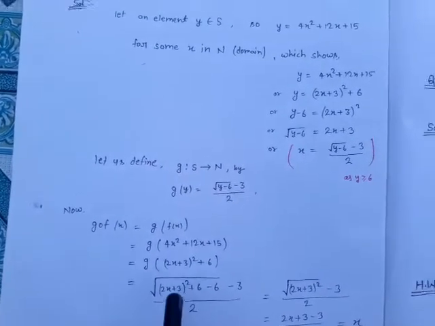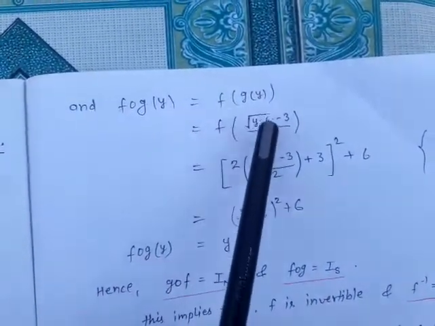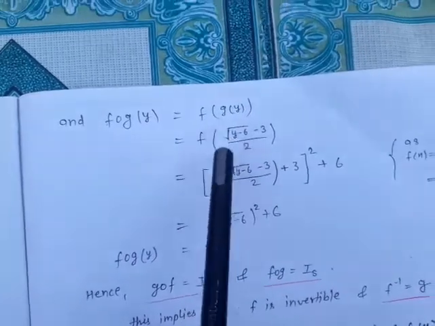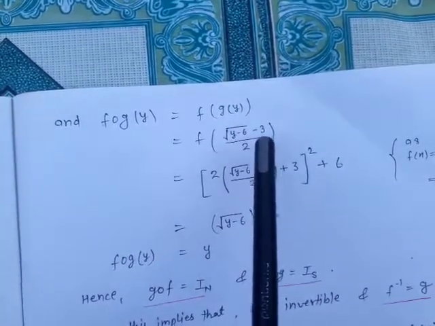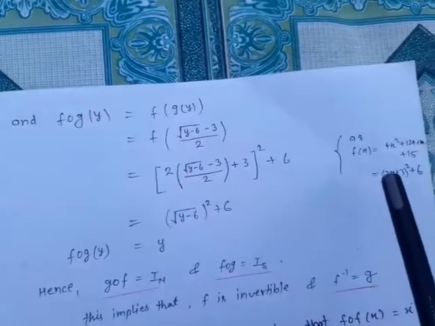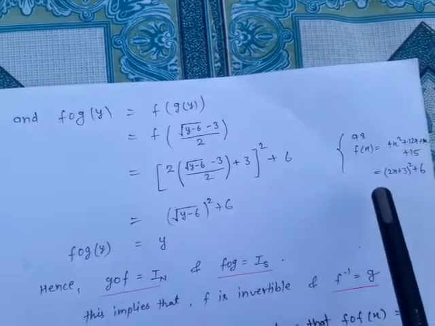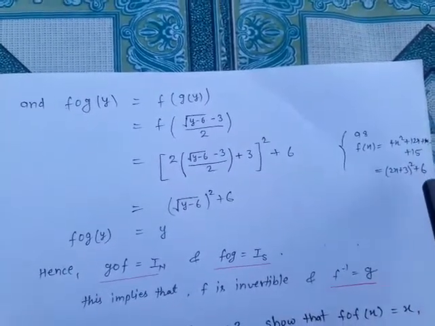Now we move to the second, fog. fog(y) = f(g(y)), and putting the value of g(y), (√(y − 6) − 3)/2. Now we know the value of f(x) = 4x² + 12x + 15, which can also be written in this form: (2x + 3)² + 6. In place of x we put this, so 2 times (√(y − 6) − 3)/2, plus 3, whole square, plus 6.